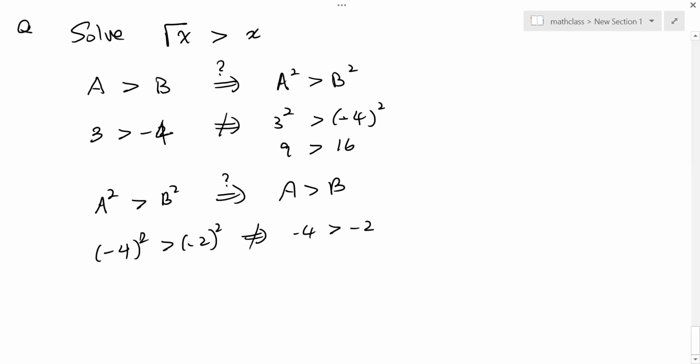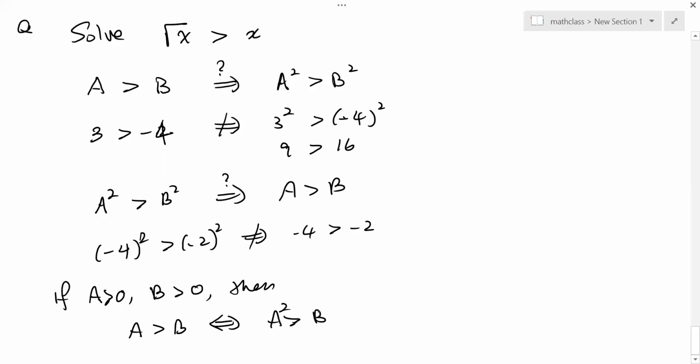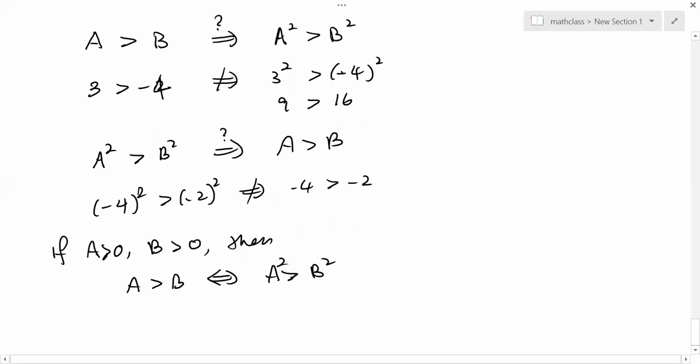So this is true only when, okay, there's an assumption here. If a is greater than b and b is positive, then a greater than b is equivalent to a squared greater than b squared. Those two are equivalent, so you have to assume that equivalence.